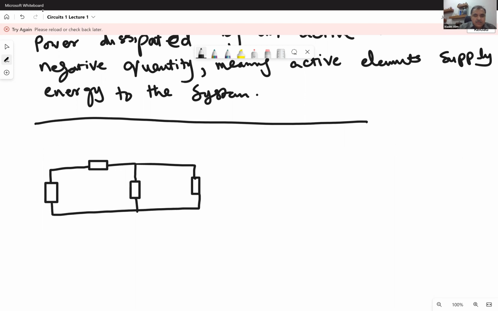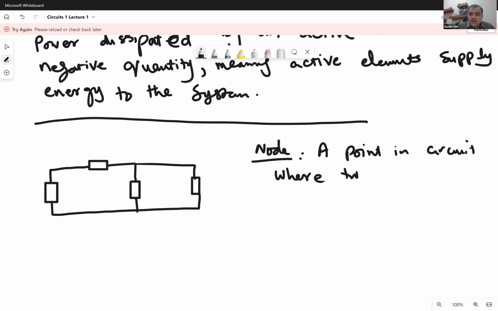Okay, so let's describe some terminology here. A node is a point where two or more elements can be combined, or join together, right? So we can describe a node as a point in a circuit where two or more elements join.